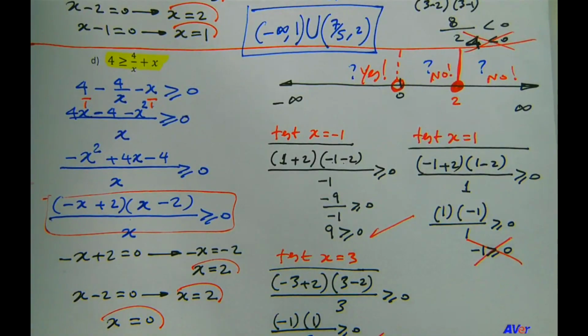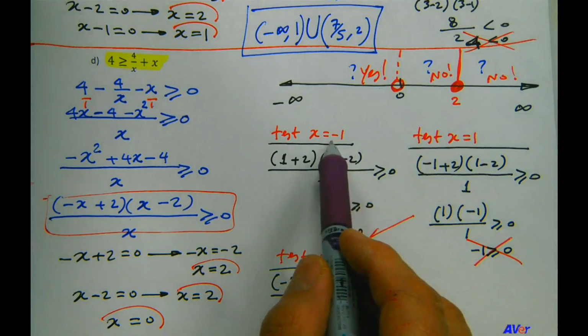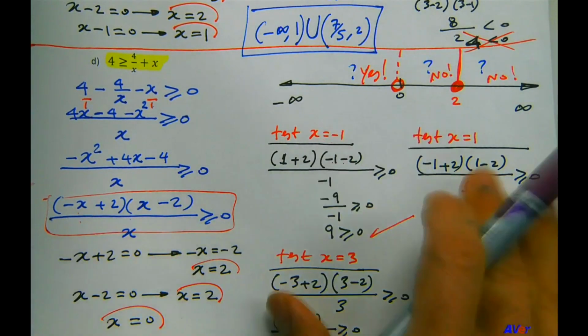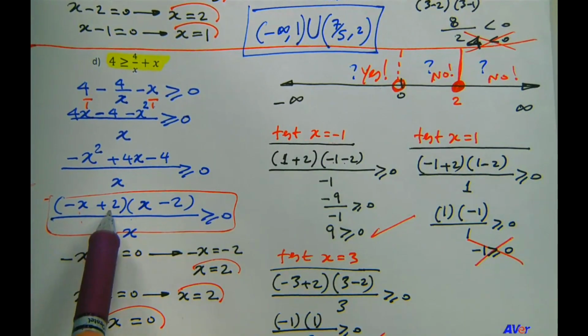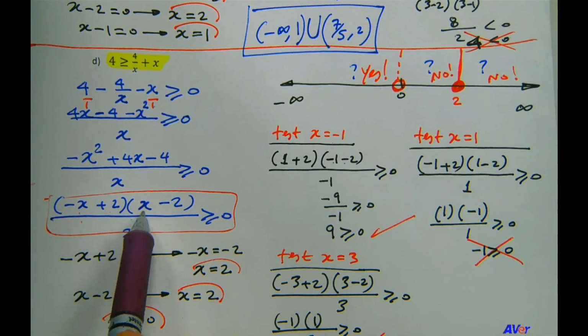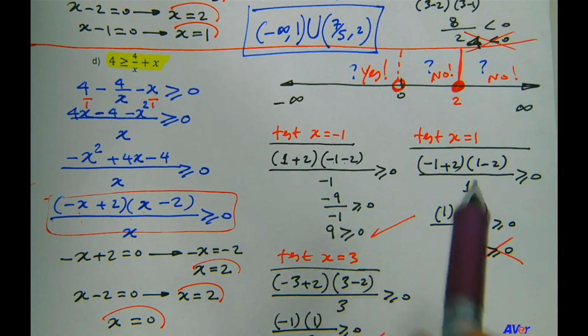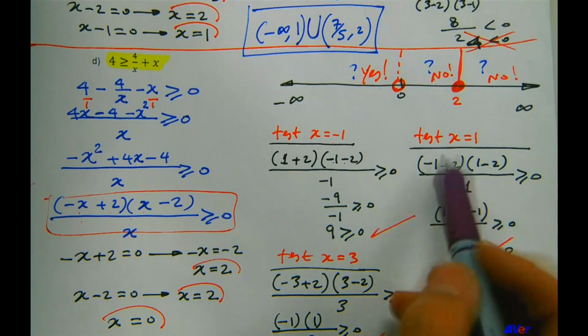Okay, let me double check this. So we picked negative 1 here, and negative 1 here would be positive 1. I'm just double checking to make sure that everything is okay here. A positive 1, 3 times negative 3, negative 9 over negative 1, that's positive 9, greater than 0, so we're okay there, yeah. X equals 1, so what did that give us?